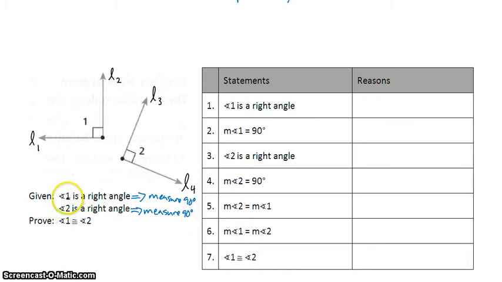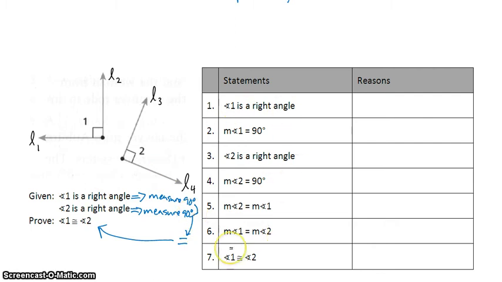So we really have two angles that both measure to be 90 degrees. If two angles both measure to be 90 degrees, that means that those two angles are equal. And if we can prove that these two angles are equal, we can prove that those two angles are congruent. That's the basic outline for our proof.